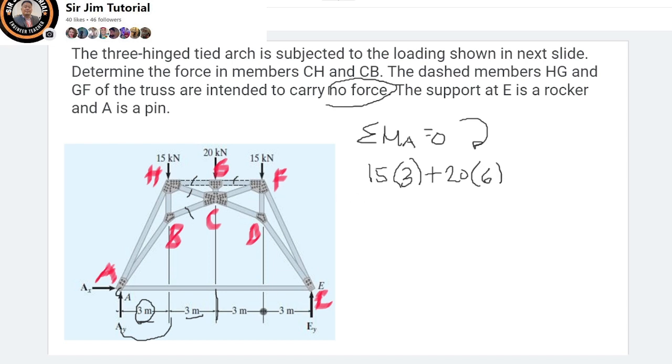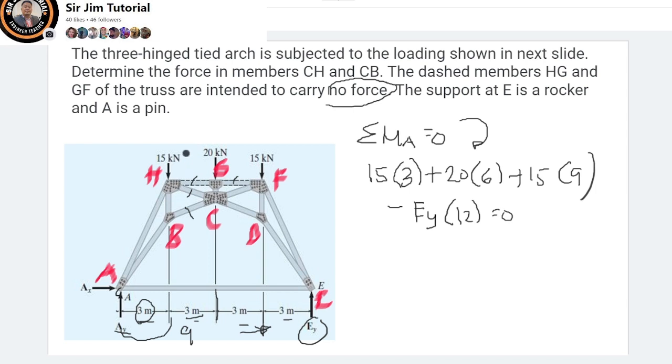Then you have another 15 here, and the distance going here is 9. So it's 15 and then 9. Then you have EY going in the opposite direction, meaning it's negative. You have EY times the distance, a total of 12. Now equals 0.